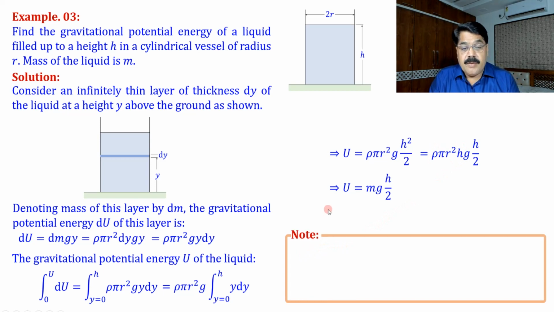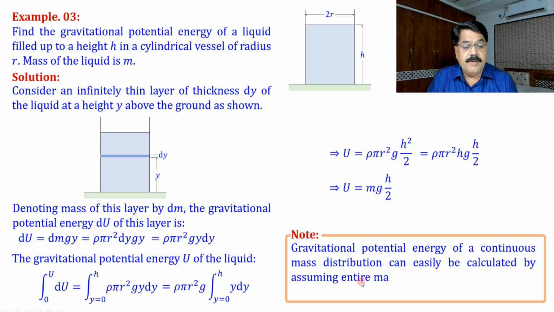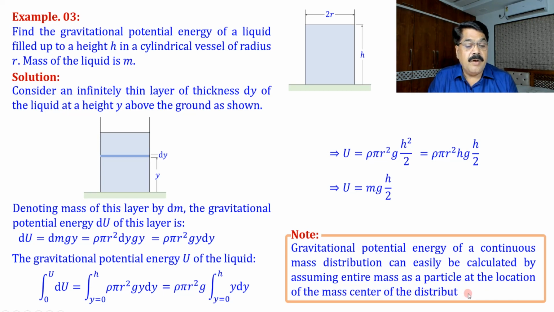The idea we have made here regarding mass center and gravitational potential energy, I am writing here as a note. Gravitational potential energy of a continuous mass distribution can easily be calculated by assuming the entire mass as a particle at the location of the mass center of the distribution.